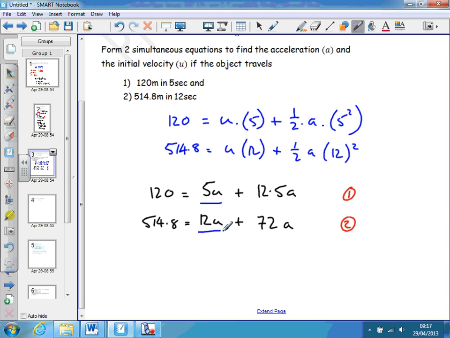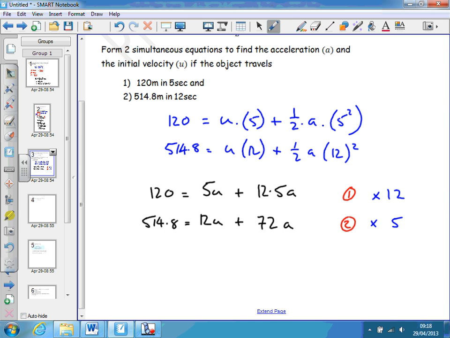If I multiply this by 5, I get 144u. Sorry, multiply equation 1 by 12 and multiply equation 2 by 5. And then we'd have u's the same, and then we can subtract one equation from the other to try and find out what a is. Carry on and see if you can do that.